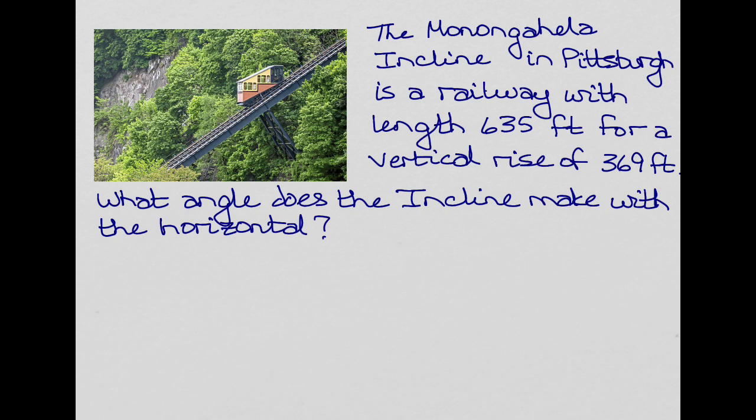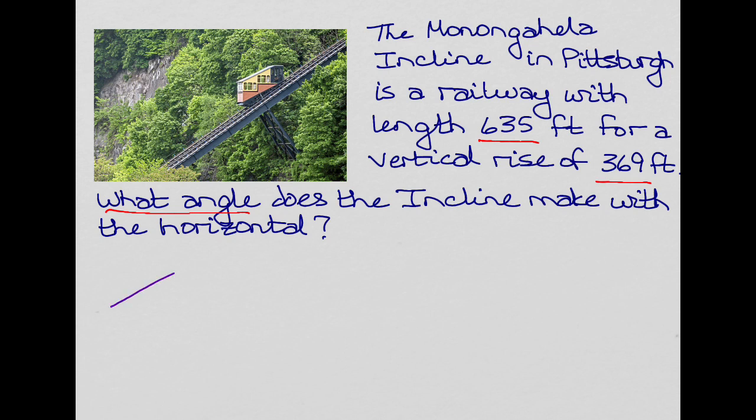We know the length of the railroad track. And we know the vertical rise from the bottom of the hill to the top. What I would like to know is what's the angle of this railway with the horizontal. So I'm going to draw a picture.